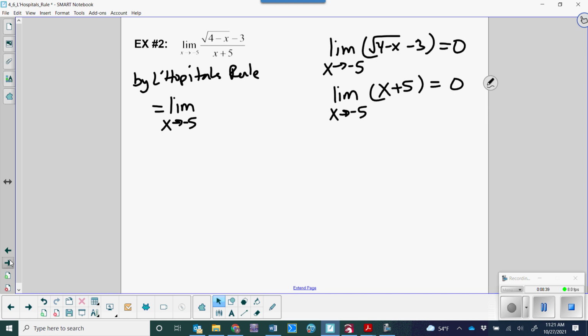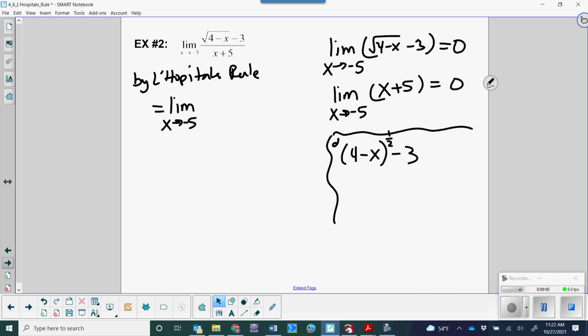Well, remember we have scratch work, so if you need some help doing the derivative, then over here in your scratch area, just do that derivative. So you're going to have 4 minus x to the 1/2 minus 3, and that's what you want to do the derivative of. So rewriting it can be helpful.